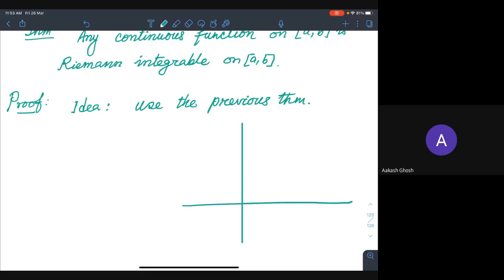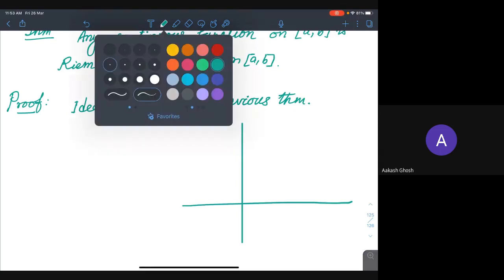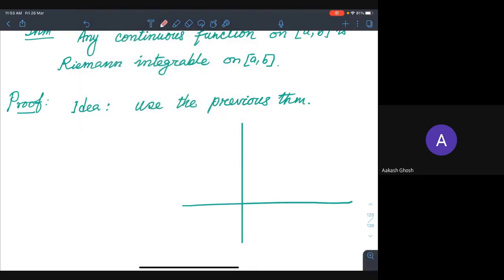Suppose you have something like this, with some discontinuities. Of course, this is not a state function, but it looks like that. Now at a point of continuity, this point is continuous.